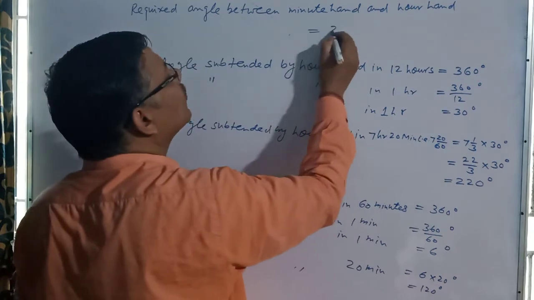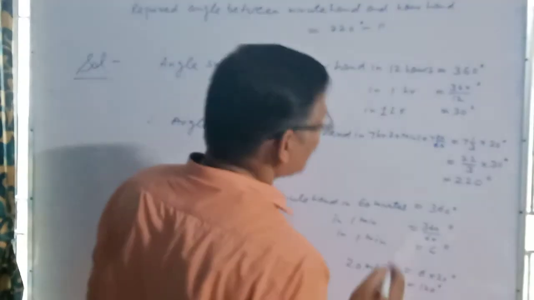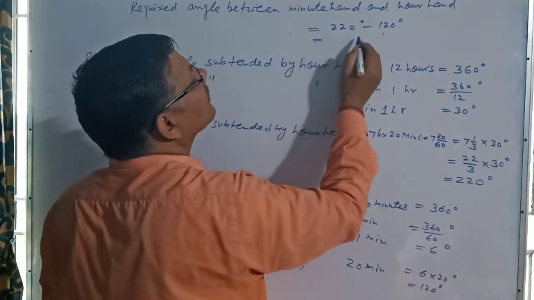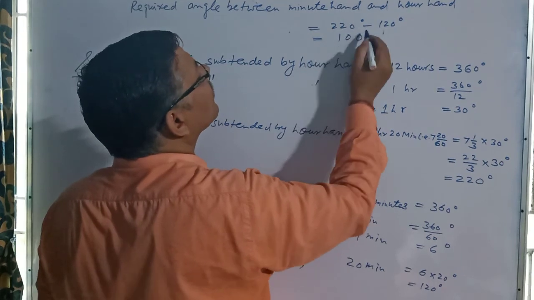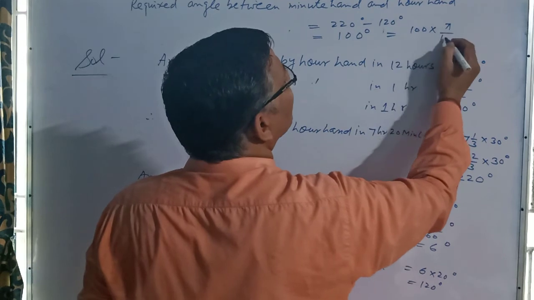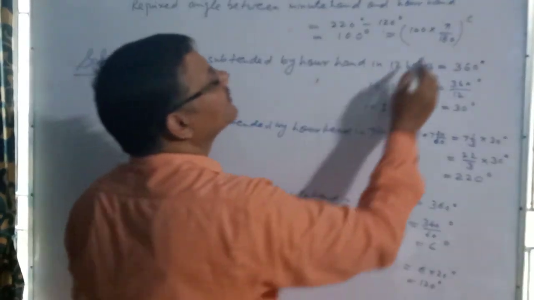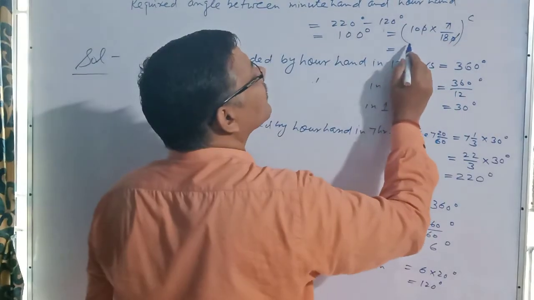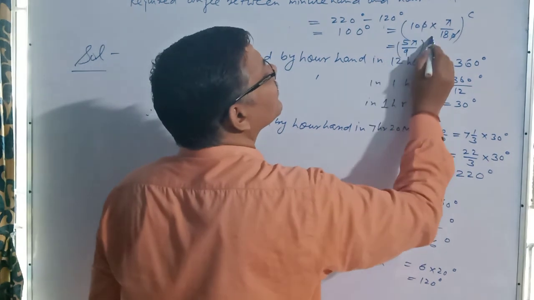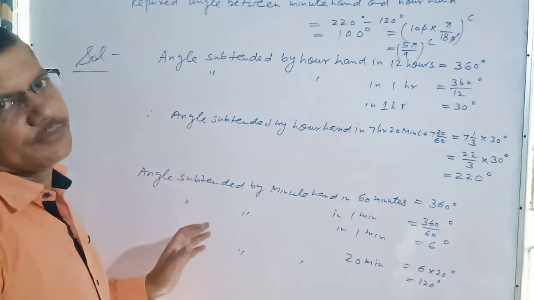It is equal to 220 degree minus 120, which is 100 degree, and when we change it into radian, multiplying by pi by 180, we get 5 pi by 9 radians. This is about the angle in radian. Okay, in the next video we will do some more questions.